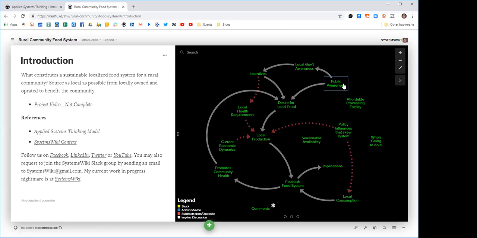I come from an area where there's a group called Organic Valley, and they produce a large amount of food locally, but then they ship it all over the United States. The whole culture within a 100-mile radius has embraced organic farming, and they make too much, and so they ship it out.